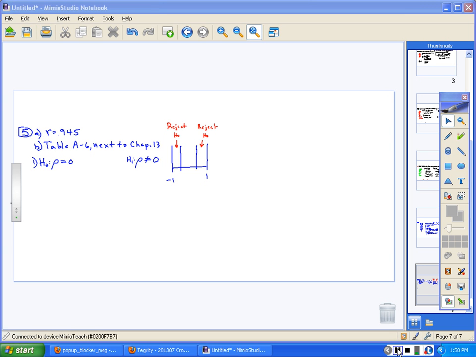The middle section I'm going to abbreviate, and that one is FTR, fail to reject. Oh, that doesn't look very good. Let's see if I can get that a little bit more legible. Okay, let's see. It's FTR, which stands for fail to reject H0.